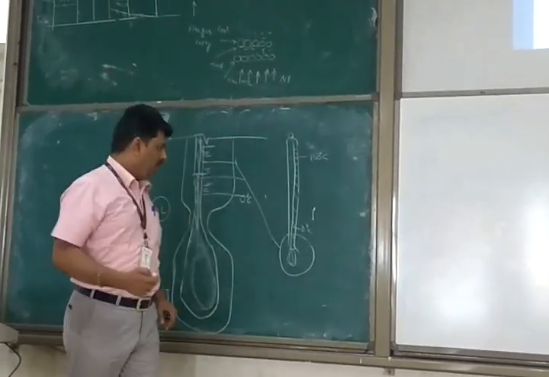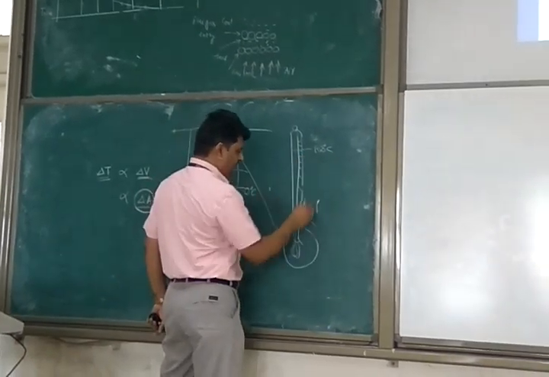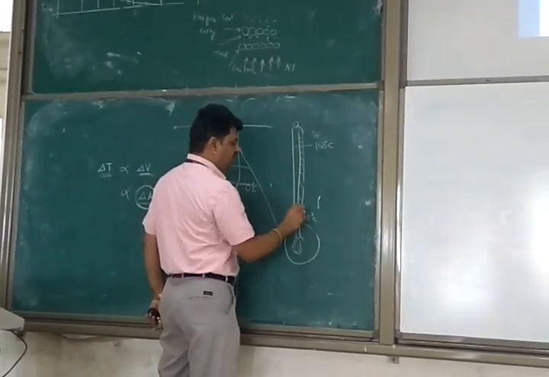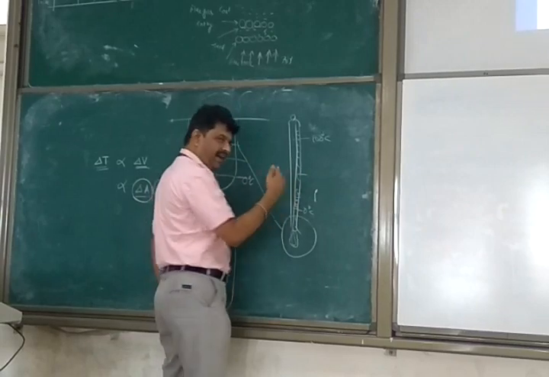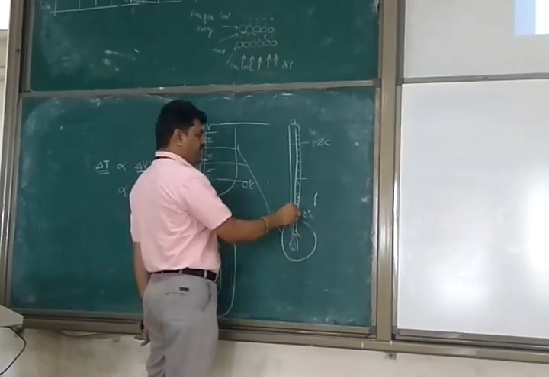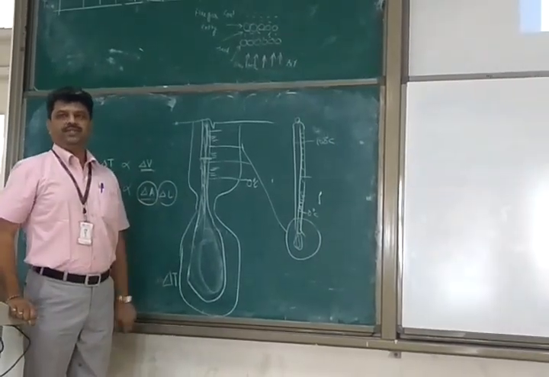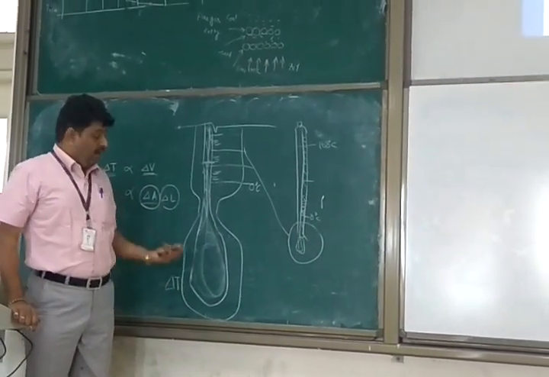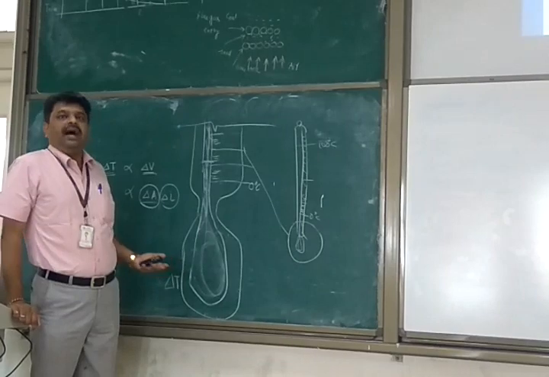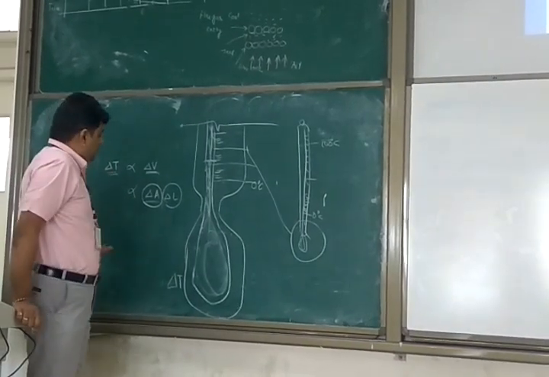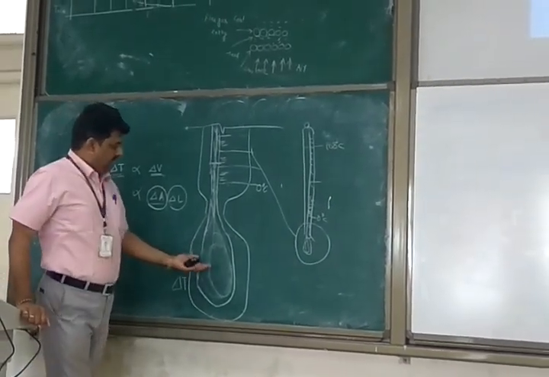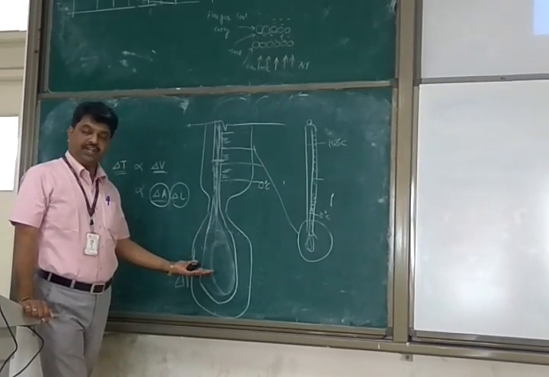Okay. Now this gap is physically divided into 100 equal parts. So each division is related to 1 degree Celsius. So now I have a parameter called temperature. I want to measure when the temperature increases, exposed to the higher temperature, there is a change in volume.